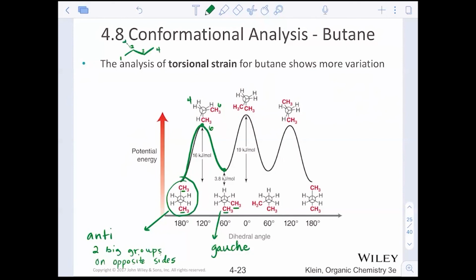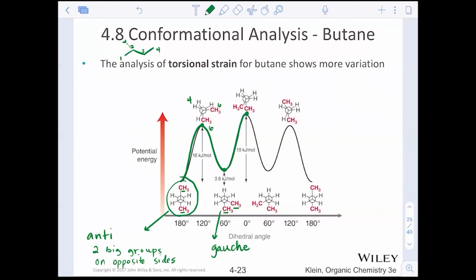And this is where a staggered position costs energy. It costs 3.8 kilojoules per mole. We'll talk about that in our chart at the very end, but what's important to note here is that even in a staggered conformation, you can have groups bumping into each other, and pushing those big groups together into this gauche staggered position is difficult for it.